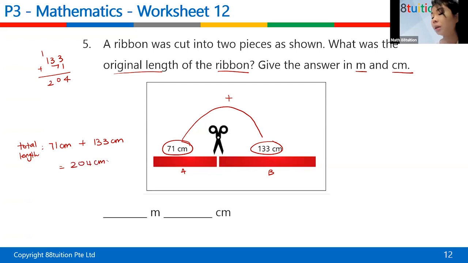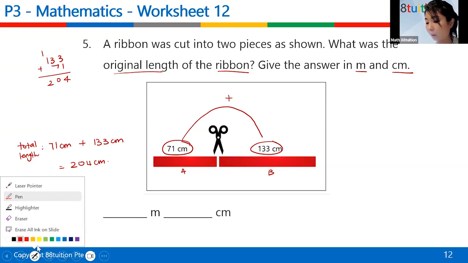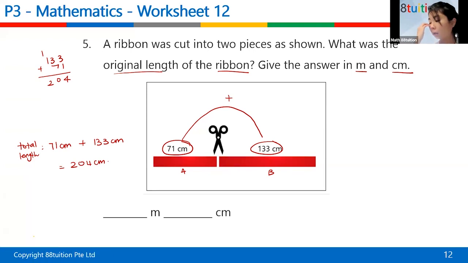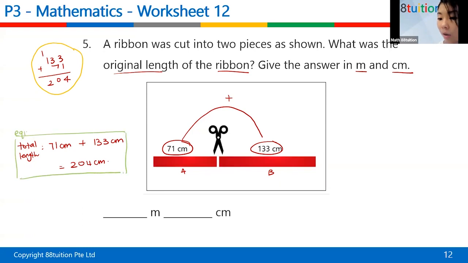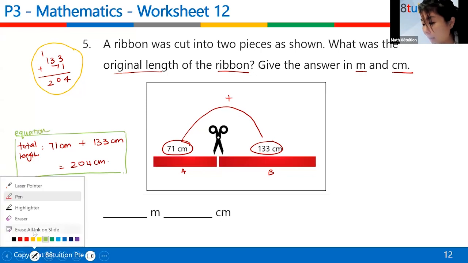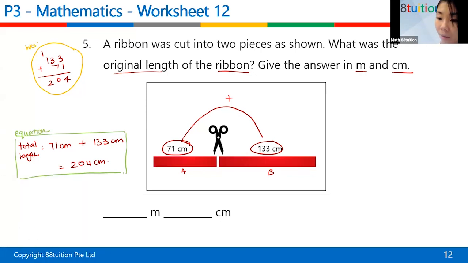204 cm. Now take note, I just want you guys to know something. In the exam, some of my students, I realize when they're practicing their work or doing questions, they only write this. They don't bother writing out this section. Now, this is known as your equation, right? This is known as your working.